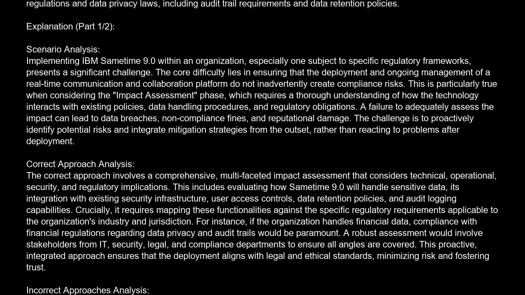For instance, if the organization handles financial data, compliance with financial regulations regarding data privacy and audit trails would be paramount. A robust assessment would involve stakeholders from IT, security, legal, and compliance departments to ensure all angles are covered. This proactive, integrated approach ensures that the deployment aligns with legal and ethical standards, minimizing risk and fostering trust.